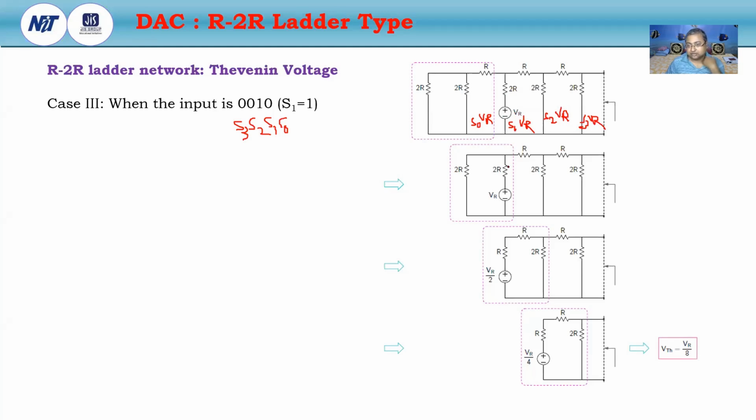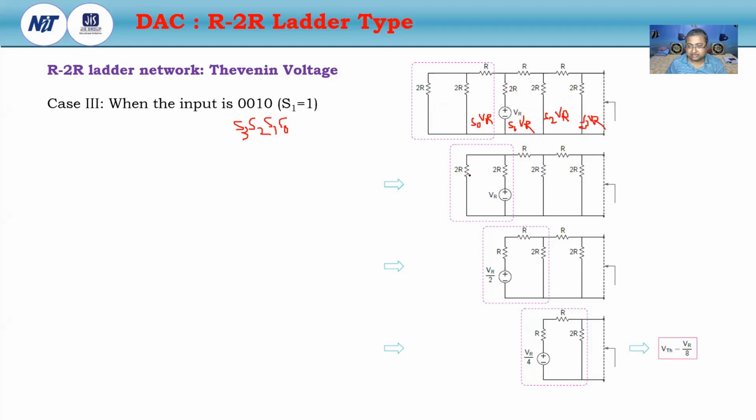So now what will be the Thevenin voltage and Thevenin resistance? Like this: this is 2R is R, R plus R is 2R. So 2R is in parallel with this 2R connected with VR.